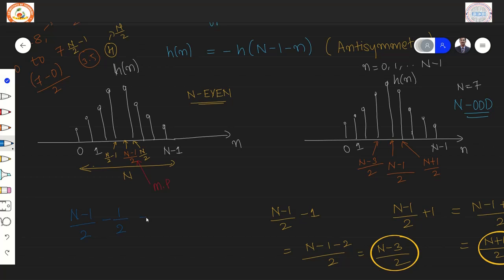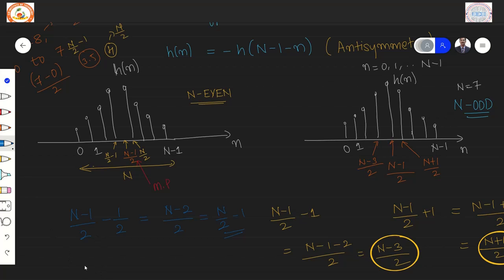The result you will get after subtracting this will be N minus 2 by 2, which can be written as N by 2 minus 1. So the index of the previous point before the midpoint is N by 2 minus 1.